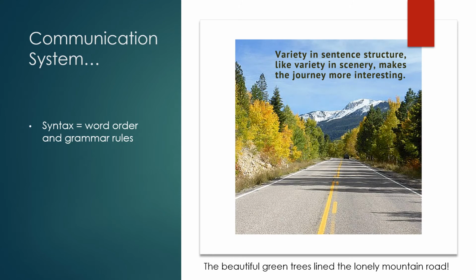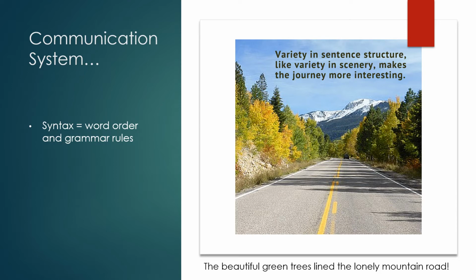The third part of our communication system is syntax. Syntax deals with word order and grammar rules. And so if we have a look at the sentence at the bottom of the slide, we can see that the word order goes subject, verb, and object, subject being trees, verb being lined, and object being mountain road.